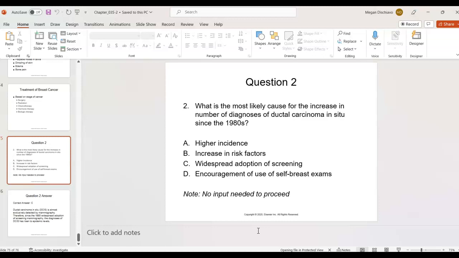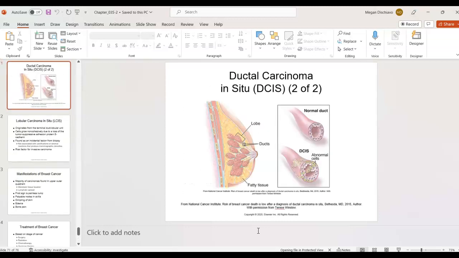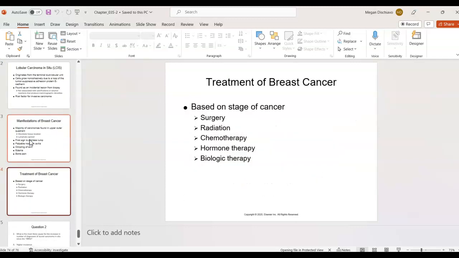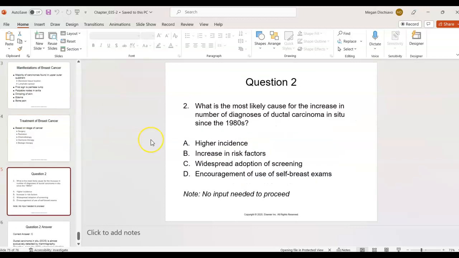So in here, you're going to learn a few slides before ductal carcinoma in situ. You're probably familiar with this, will be in the ducts of the breast. And coming down here, here's a question: what's the most likely cause for the increase in number of diagnoses of ductal carcinoma in situ since the 1980s?